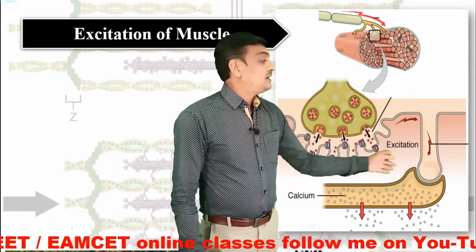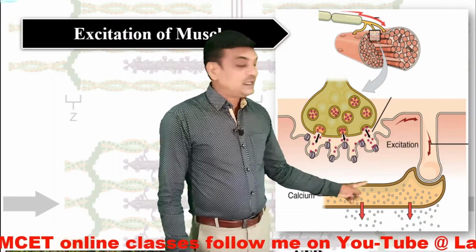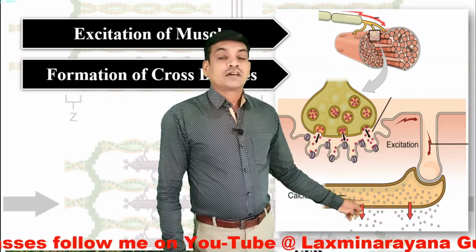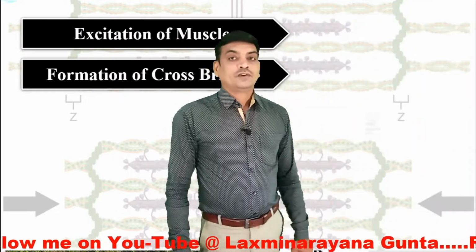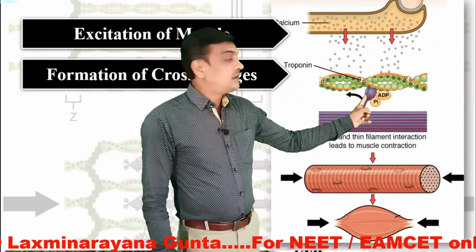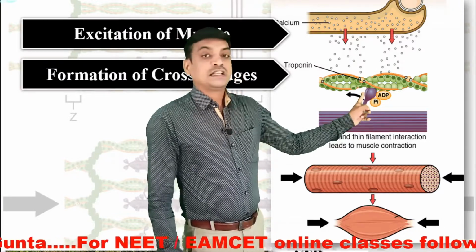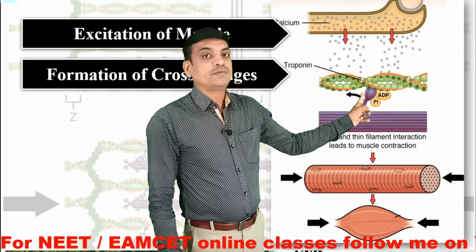There the cisternae release calcium ions, and because of this cross bridges are formed. Here you can observe the myosin actin cross bridge. These cross bridges are formed. This is the second step in muscle contraction.